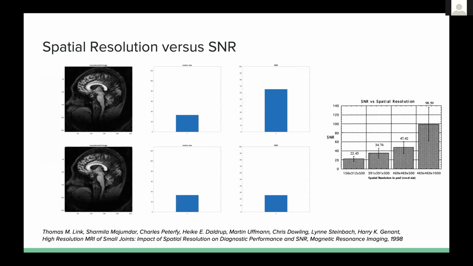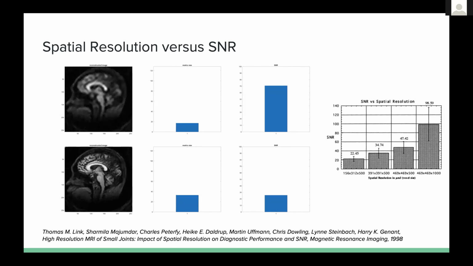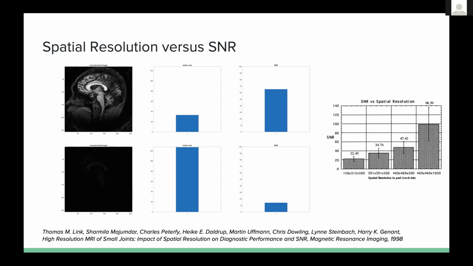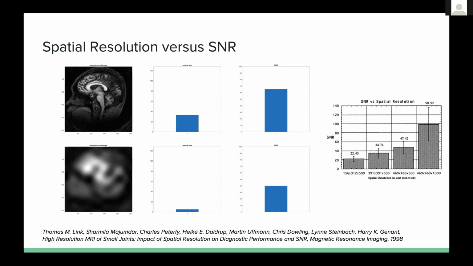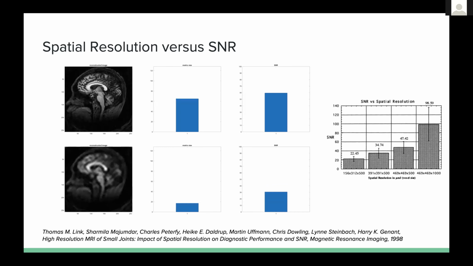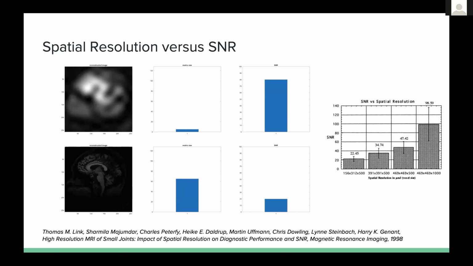The larger the matrix size, the more higher frequency K-space samples we're taking, therefore we're getting higher resolution. The image on the top left is an image without that much noise in it. As we can see, as the matrix size decreases, the image blurs a little bit and the SNR increases. But overall, the top left image doesn't seem to be affected that much.